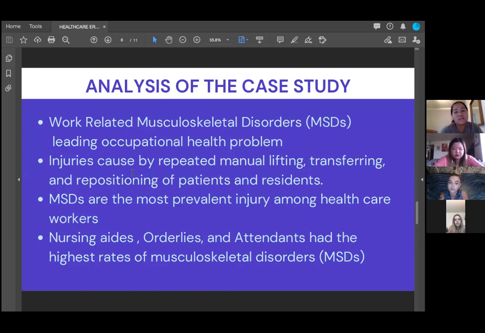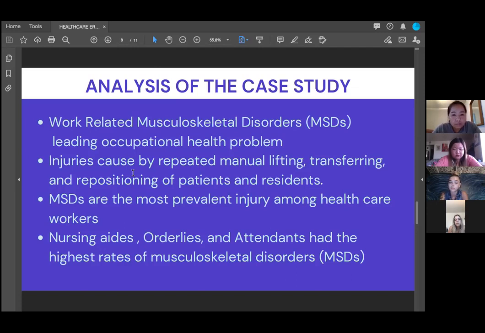So for the analysis of the case study, the work-related MSDs are the leading occupational health problems, and also this is the occupational health problem that can cause life-altering career and disabling and chronic conditions to nurses and healthcare workers, such as aides, orderlies, attendants, PTs, health aides, and emergency medical workers.